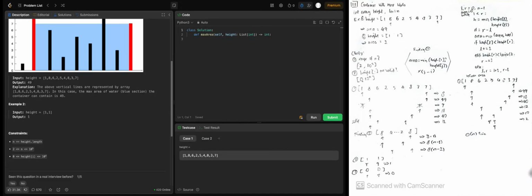If I just ignore the middle heights, then this would just give me 1, 2, 3, 4, 5, 6, 7, 8. So 8 times 1, which is just 8. Let's try to draw it down here. 1, 8, 6, 2, 5, 4, 8, 3, 7.